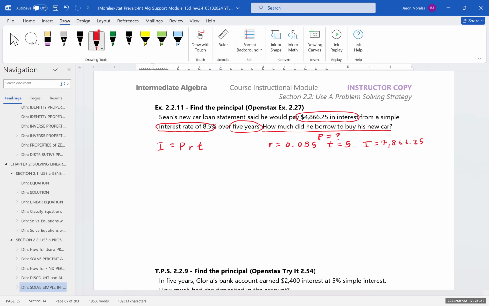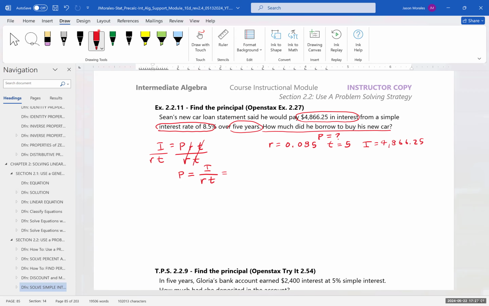Let's do the same thing that we did before. Let's rearrange this formula so that we get P all by itself. We divide this side by rate and time, and we have to do the same to the other side. So the principal is equal to the interest divided by the rate times time.